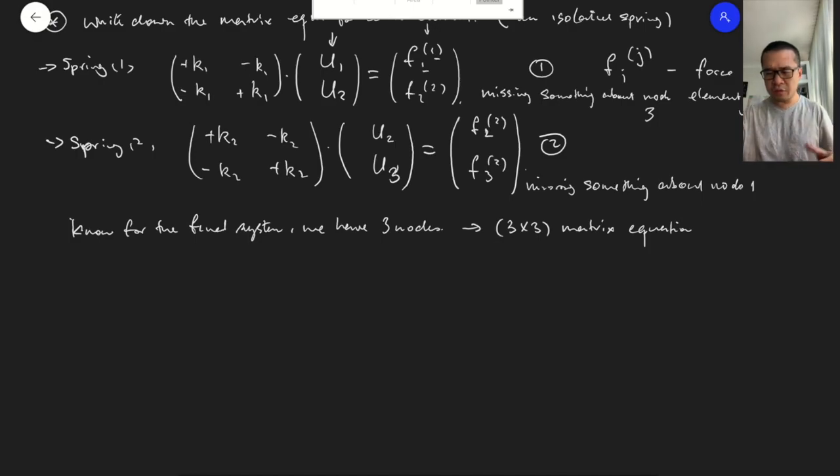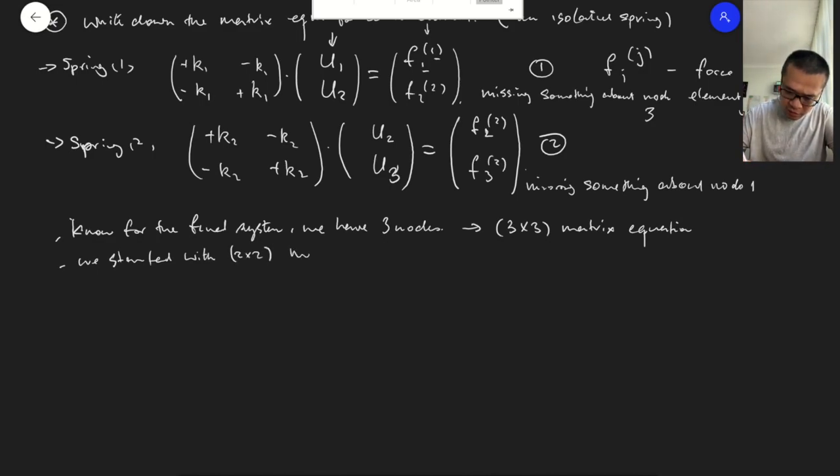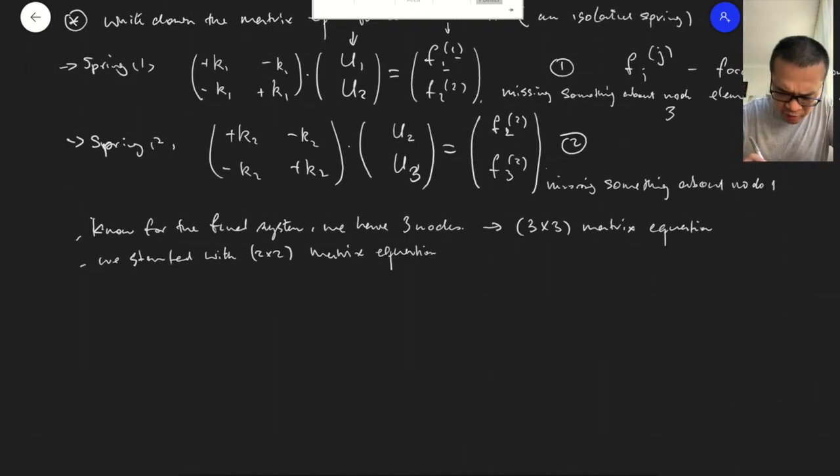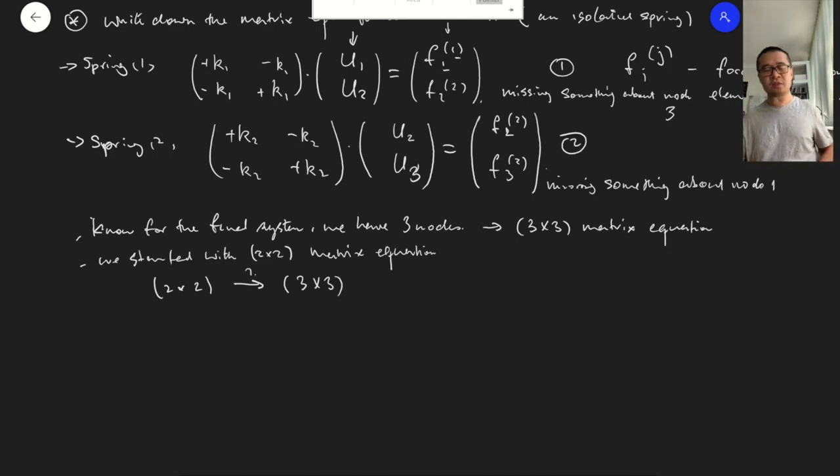And what we started with is a 2 by 2 matrix equation. How do we change a 2 by 2 into a 3 by 3 system? Basically, we use a trick called zero padding.